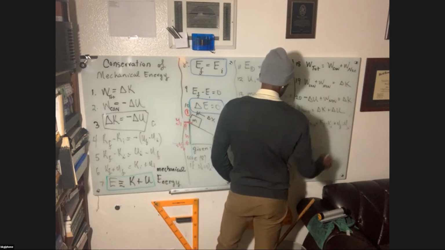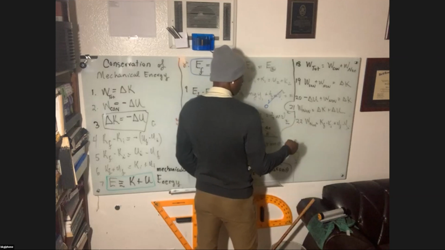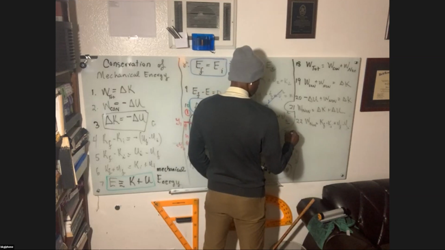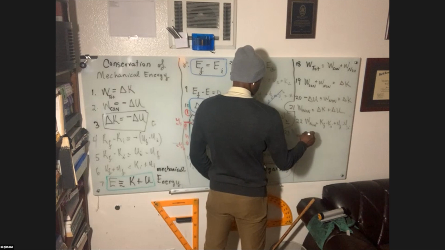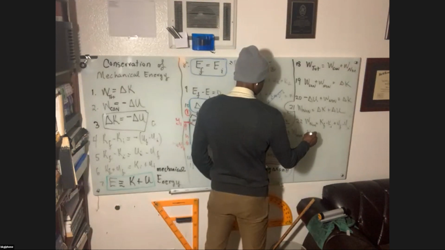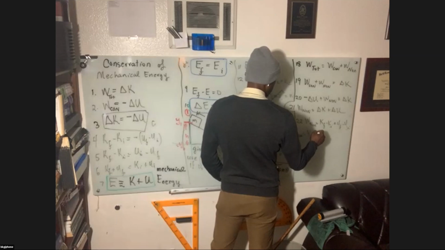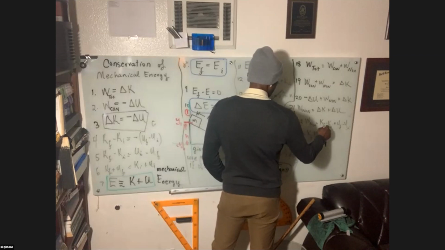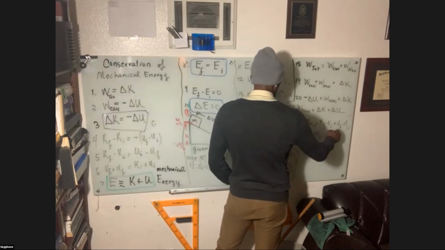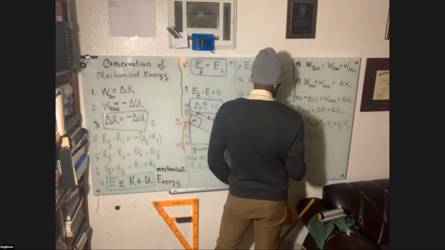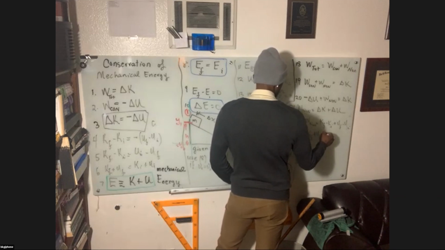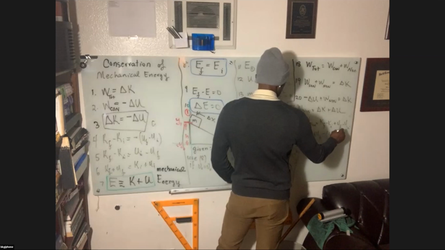We just expand the delta quantity and put final and initial stuff together. So work non is going to be equal to K final, we'll put that together with U final, and then we have a minus K initial and a minus U initial. I can factor out the minus sign and just say minus quantity K initial plus U initial.